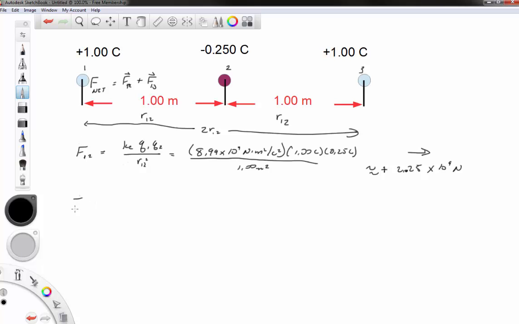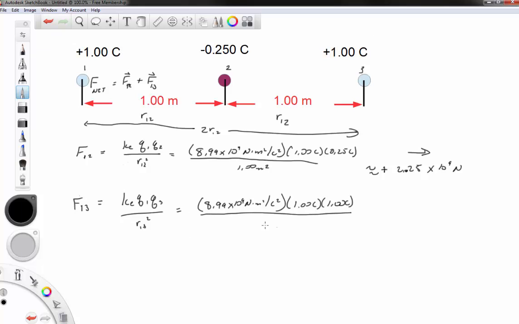Okay, and F13 is basically KE Q1 Q3 over R13 squared, which is basically 8.99 times 10 to the 9 newton meters squared per Coulomb squared times 1.00 coulombs times 1.00 coulombs, because now we're using this charge, and the distance is twice as much, so 2.00 meters quantity squared.